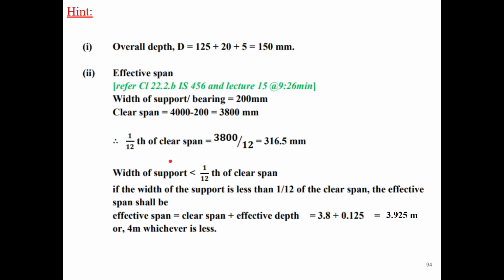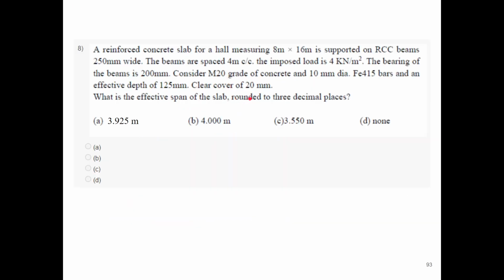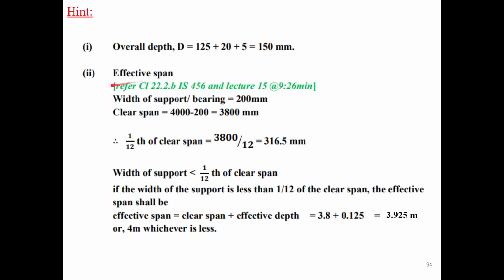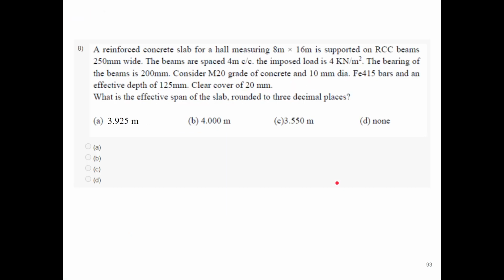So overall depth is 125 plus 20 plus 10 by 2, which is 150. Effective span, you are referring to clause 22.2.b of IS 456. So effective span will be based on width of support or bearing, which is 200. So clear span will be how much? Center to center is 4 meter, right?